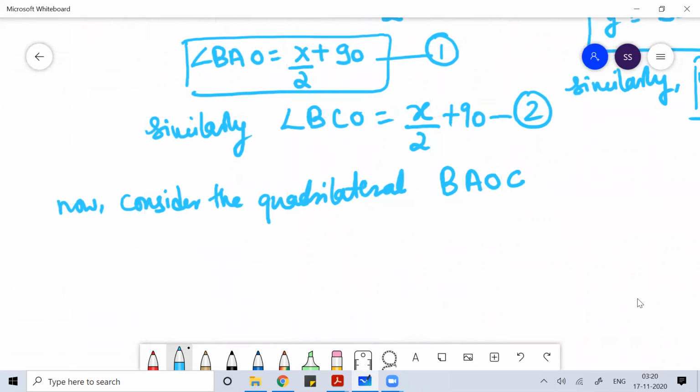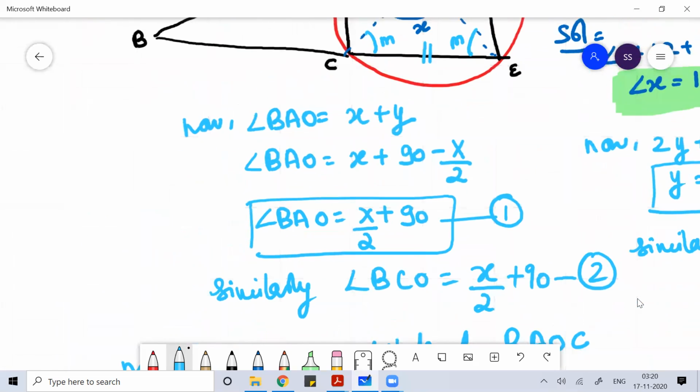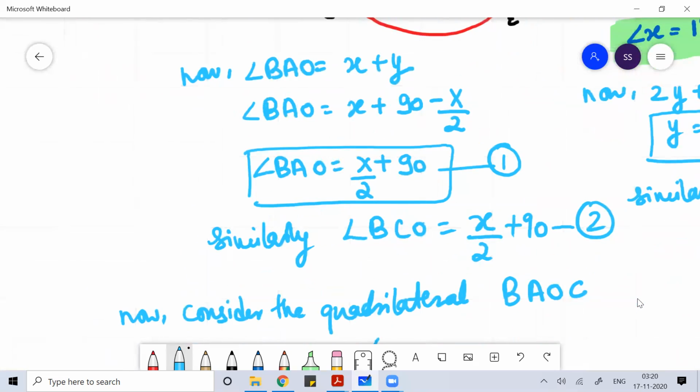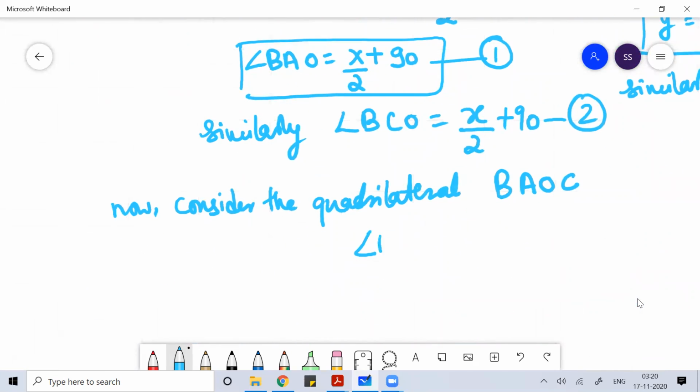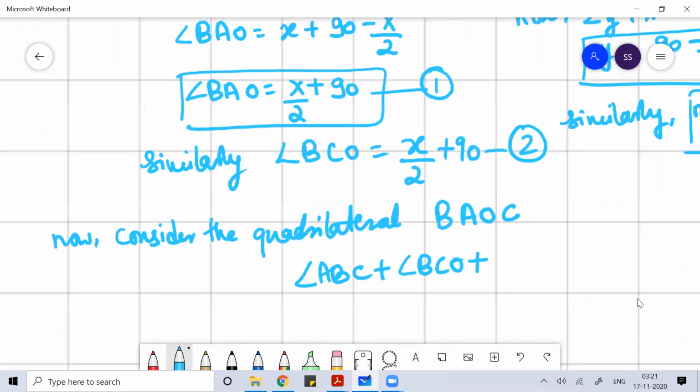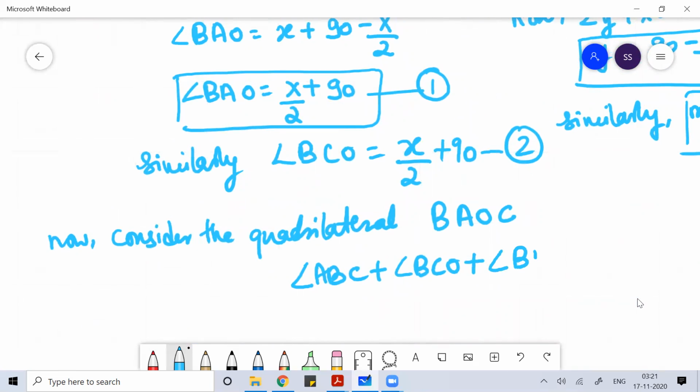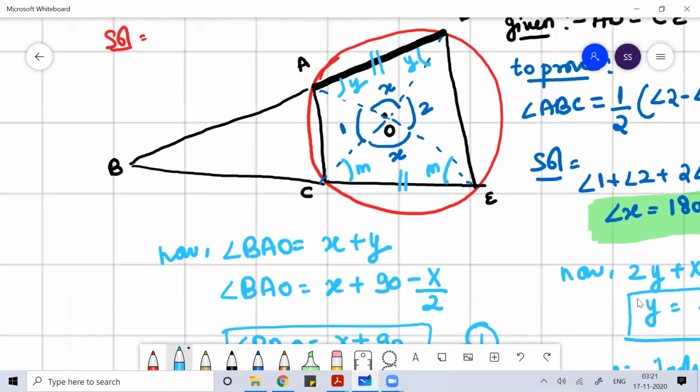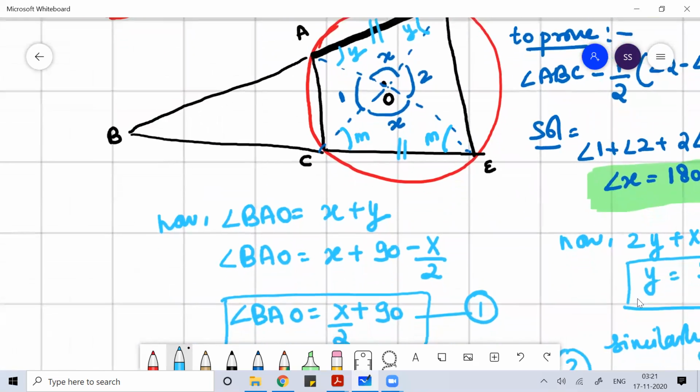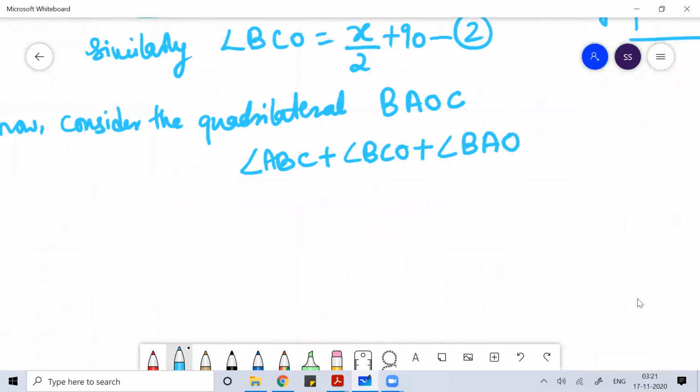The angles of the quadrilateral would be angle ABC plus angle BCO plus angle BAO plus angle AOC, that is angle 1.